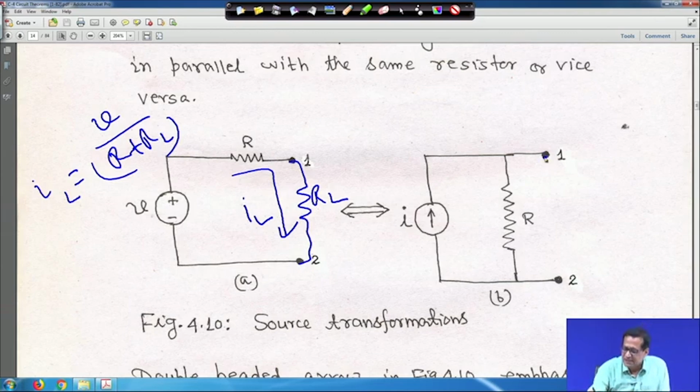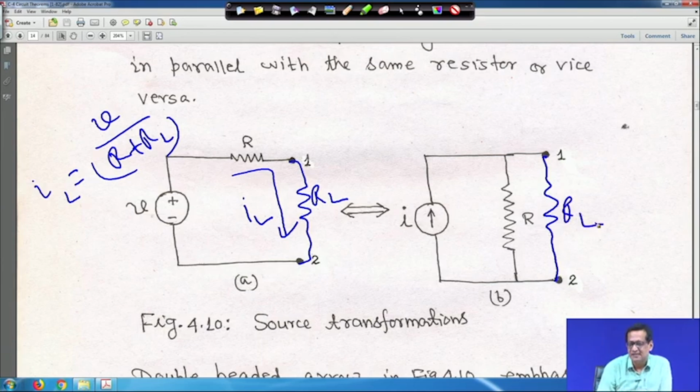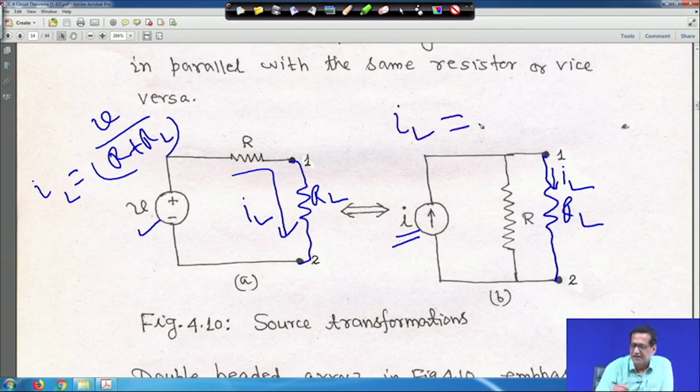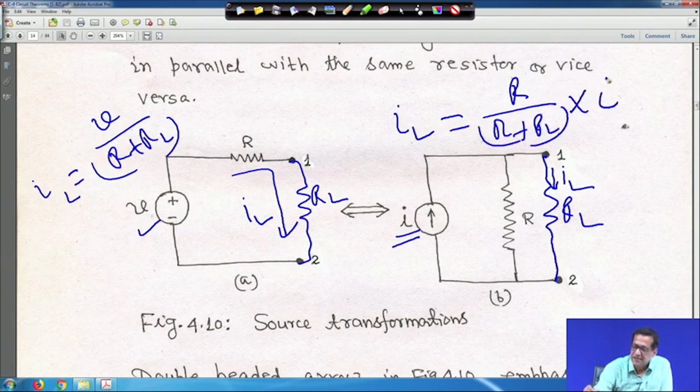Suppose we connect the same load resistance RL here, and the current flowing through it is also IL. This current source is an independent current source; for the time being we have considered independent voltage and current sources. The current flowing through RL, by the current division method, is IL equal to R divided by R plus RL into I, where I is the current source.